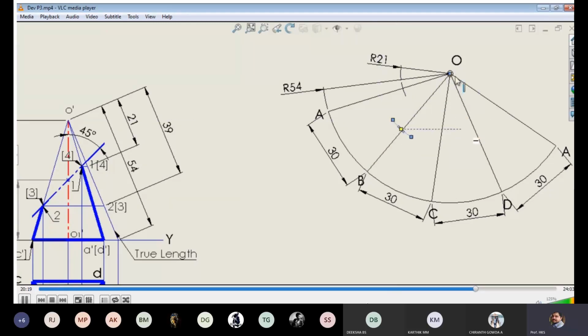Next, on BO, here it is 39. So this is on BO and CO. CO and BO it is 39 here, 2 and 3. Remaining it will be 21.